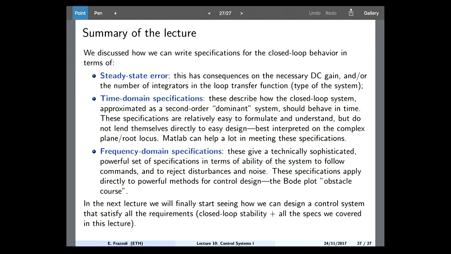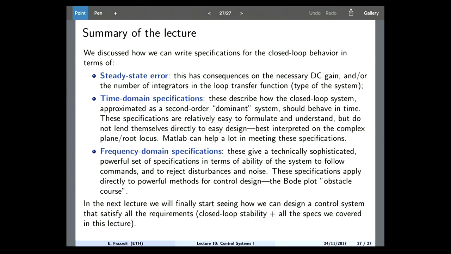Time domain specifications describe how you want your response to look when you approximate it as the response of a second order system. These are easy to formulate, to understand, and easy to check. If in MATLAB you use the SISO tool and see the step response, you can get an idea of what it means.